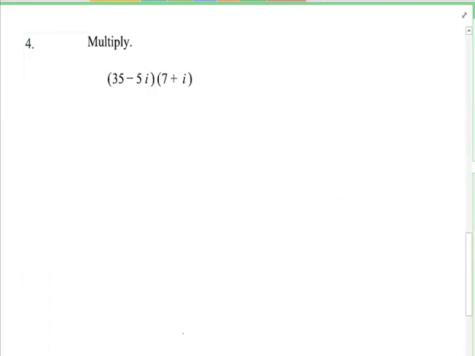I have 35 minus 5i times 7 plus i. I need to use FOIL again. I'm going to have 35 times 7. I think I'll grab my calculator, which is 245. The outer product is 35 times i, so it is 35i.